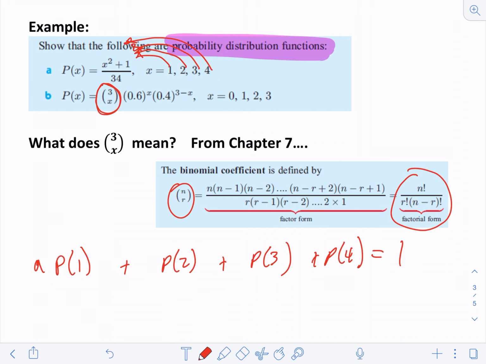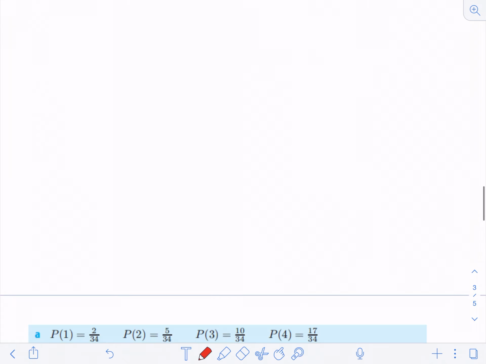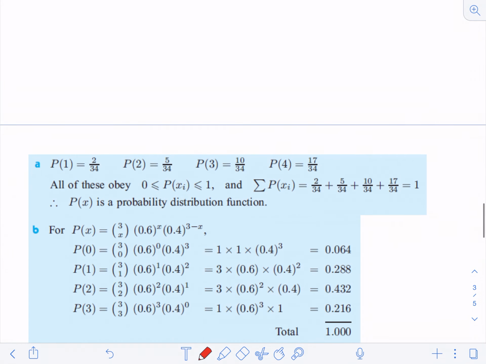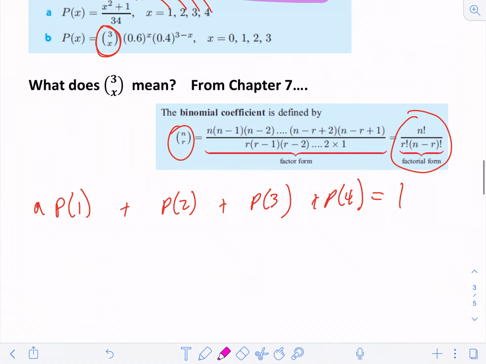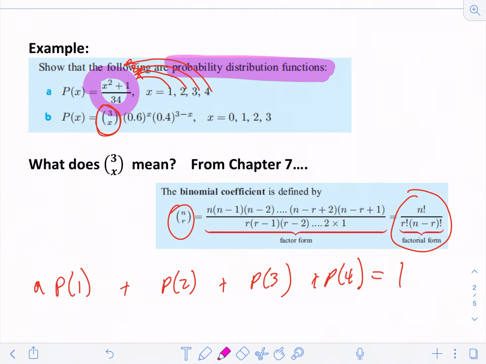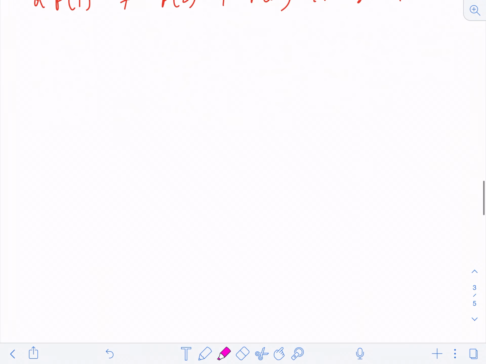So can we plug those numbers in? Can we plug each value of x into this first one and into the second one? So into the first one, as I mentioned, what's the probability of 1, 2, 3, and 4? If I plug in 1, 2, 3, and 4 into this equation right here, I get these 4 numbers.